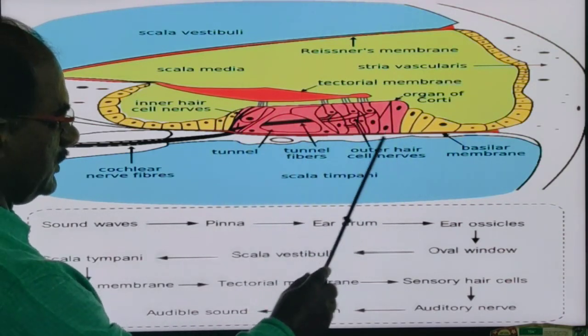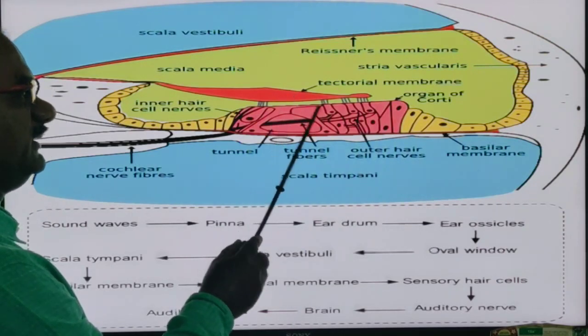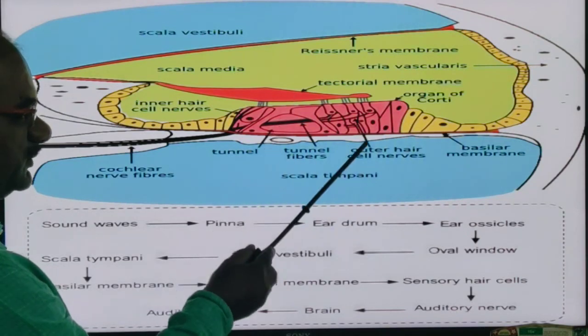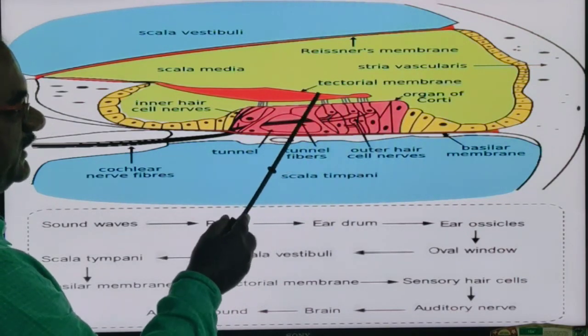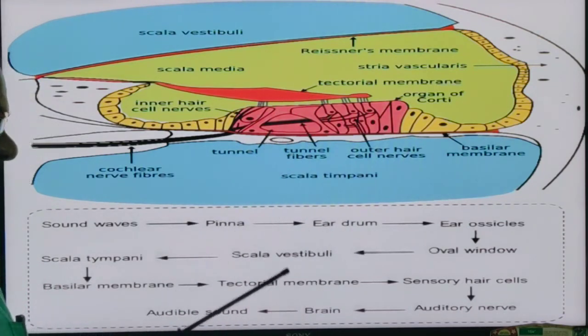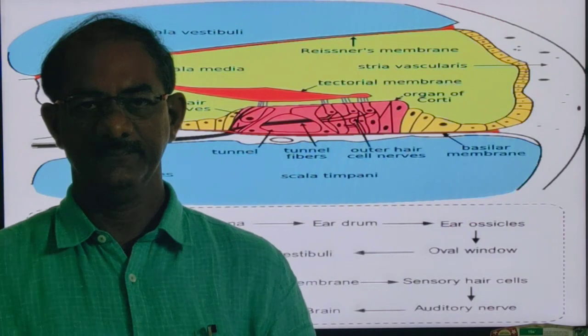Inside, the organ of Corti is present, where the tectorial membrane receives the sound waves up to the organ of Corti. From the tectorial membrane the impulses pass toward the auditory nerve, and then the brain, and then audible sound is created.